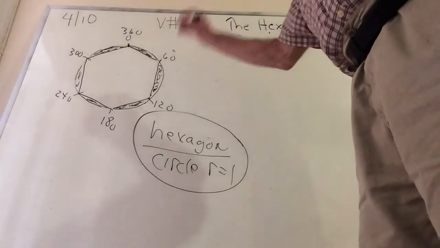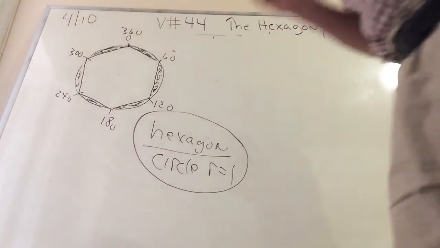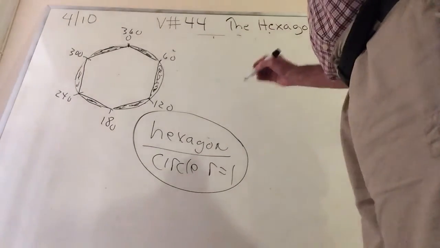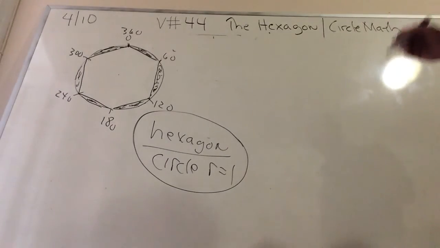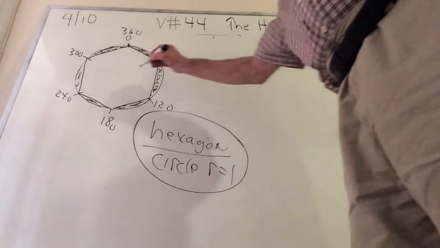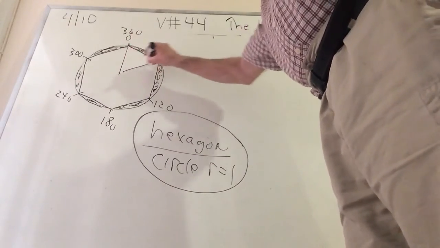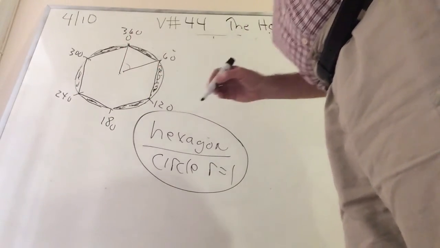Notice again that I needed the circle to construct the hexagon. I really needed to do that so that I could make it regular, as I mentioned. And remember, when I draw this here, so there it goes. This here is called the central angle.